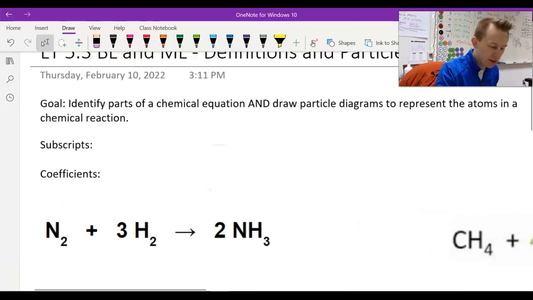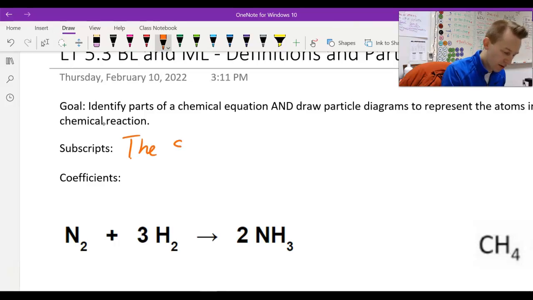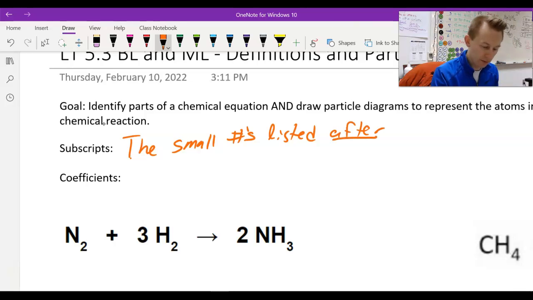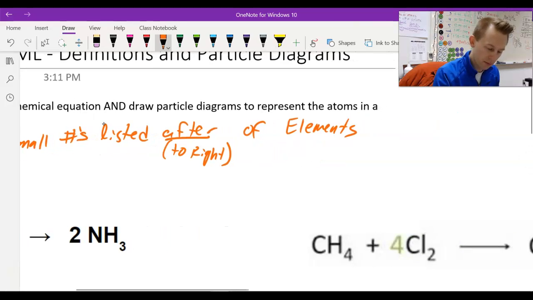some definitions here, things that you probably already know, but I do want to just draw your attention to. So subscripts are the small numbers listed after, or to the right of, elements in an equation.